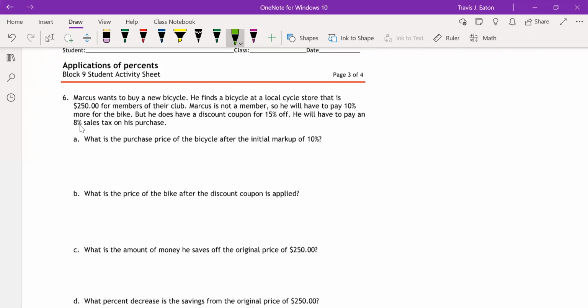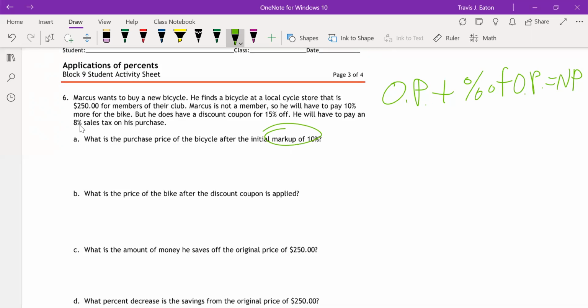Wow. So remember what we were talking about earlier, where we're going to have to take the original price. We're going to add that to the percent of the original price, and that will equal the new price. And we're going to have to do that a few times with this one, because first of all, we have a markup of 10%.